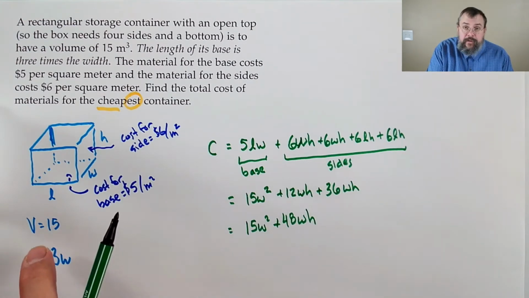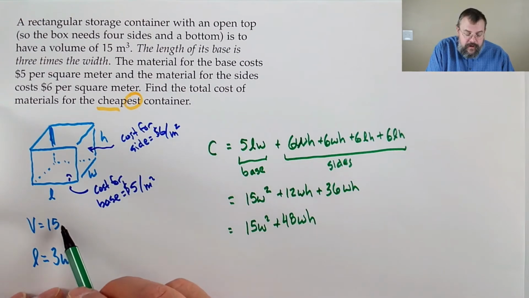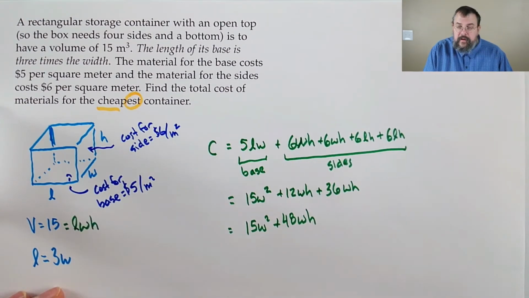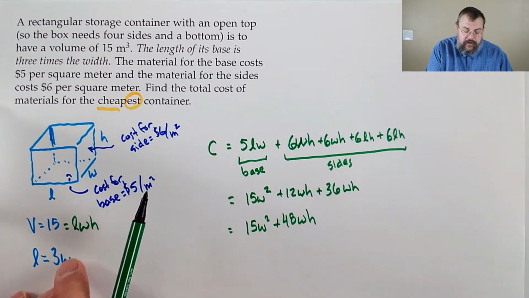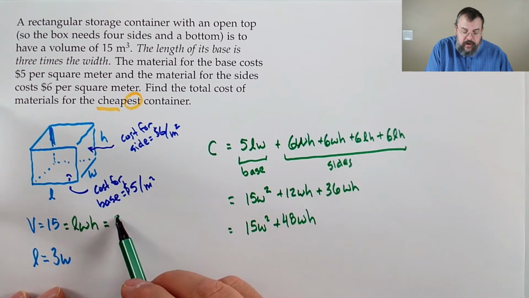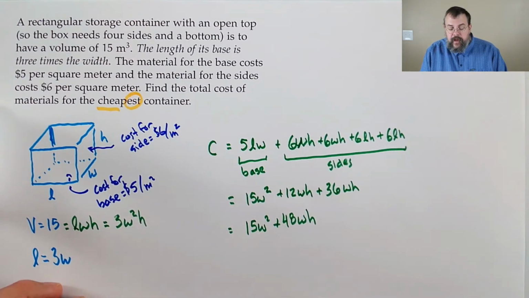And we haven't done anything with volume yet. Well, what is volume? Volume is length times width times height. Now, I know length is 3 times width, so that would say volume is 3w squared h. So, what can that do?